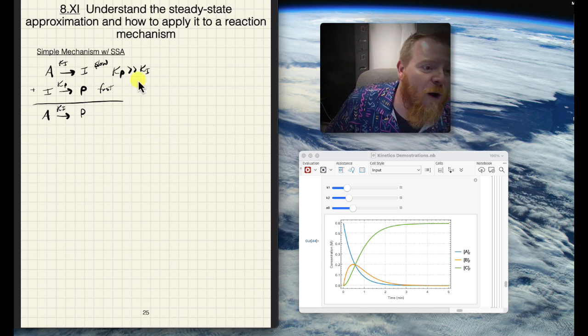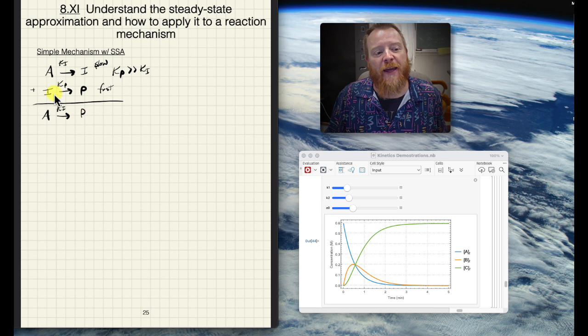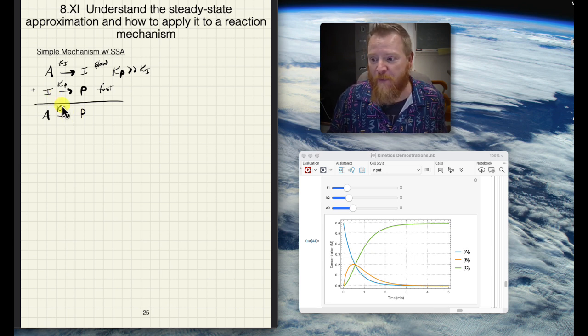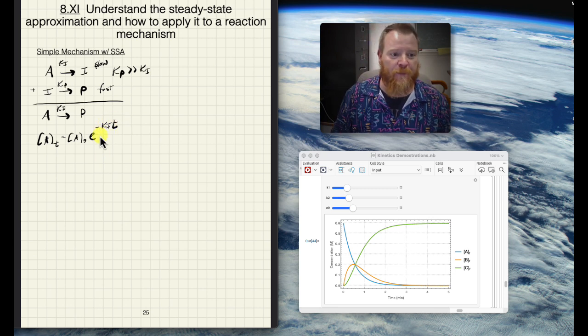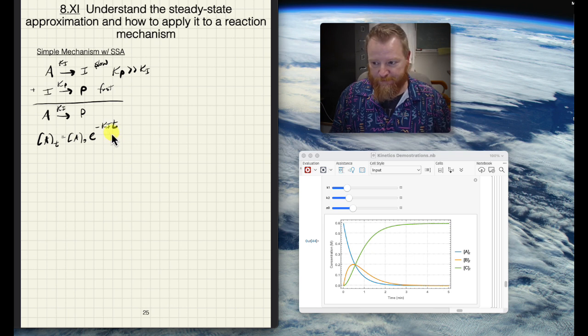So this is all very good and qualitative, but can we prove this to be mathematically sound? Here is how we do it. We can just write the integrated rate law for A at any time t directly, so that doesn't change. That's dependent on A initial times e to the negative Ki times t.